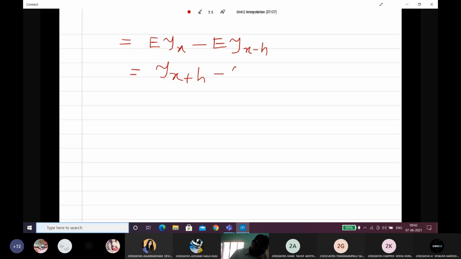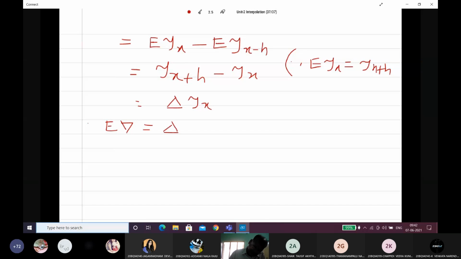This is equal to y x, since E of y x is equal to y x plus h. This is nothing but delta of y x. Therefore, E del is equal to delta.